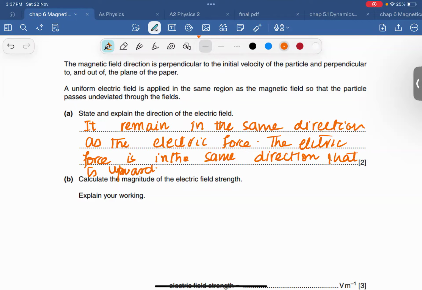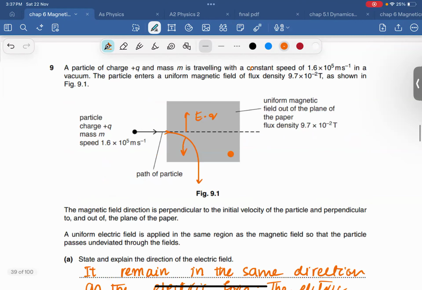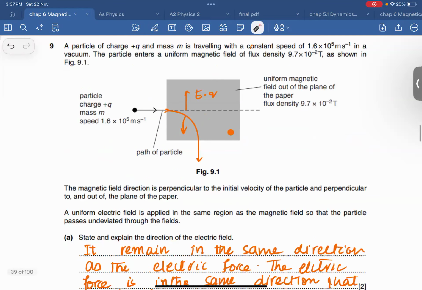So we want the electric force to be upward, and the electric field should also be in the upward direction, to balance the magnetic force.